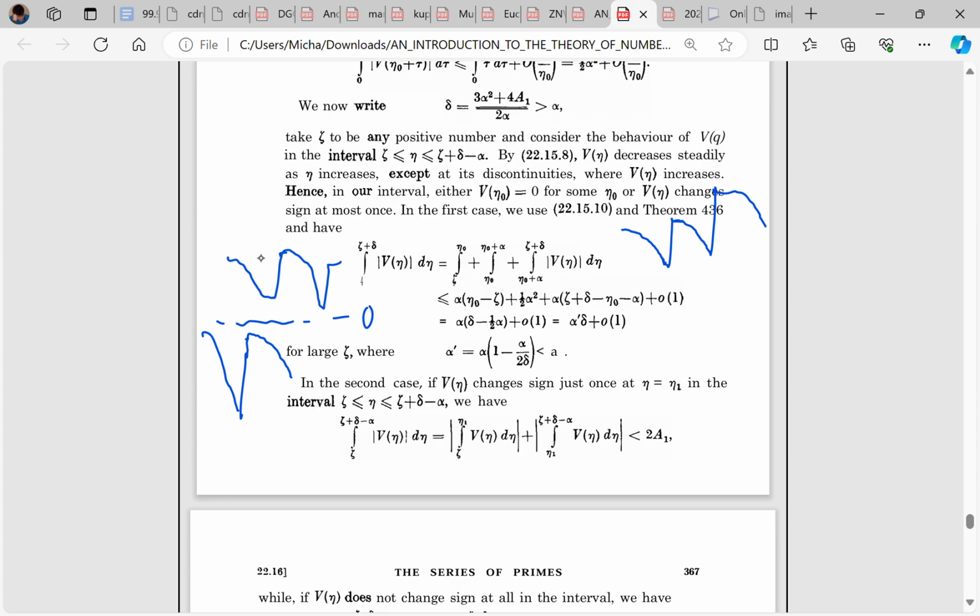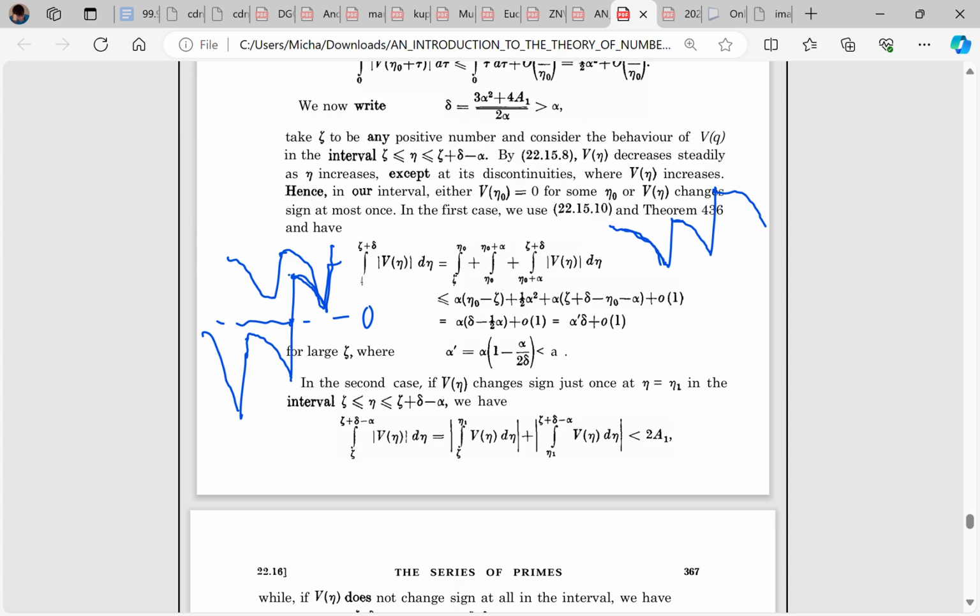But it could jump up to above 0, and then there's nothing that equals 0. And that's a sign change. But then you're in the first situation where the only way to get across 0 is by the steady decrease instead of by the jumping. So if you're below 0, you could jump up above 0.